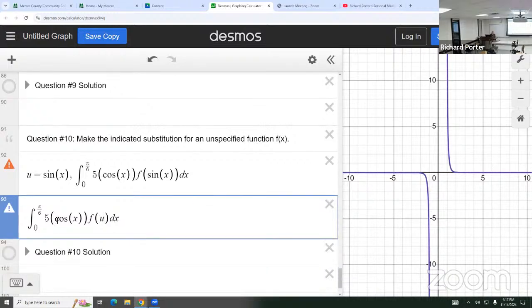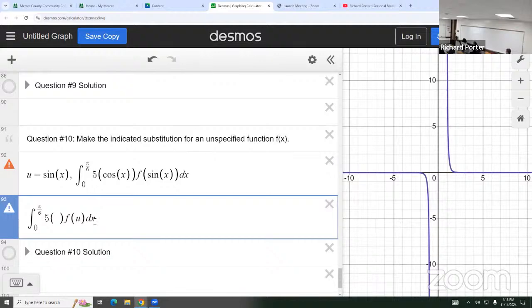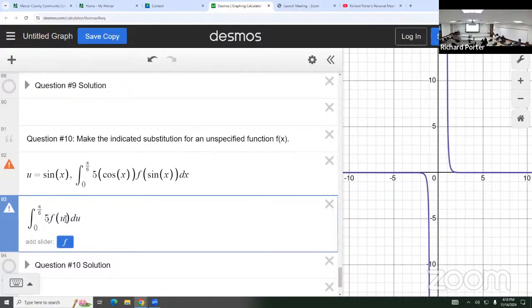What's the derivative of sine? What's the differential? If u equals sine, du equals cosine x dx. So all of that's going to be du. That 5 is just some old number. That's going to come out front.